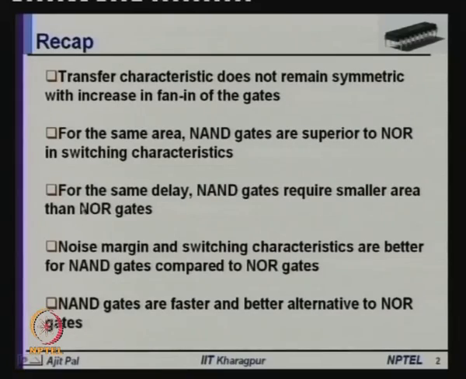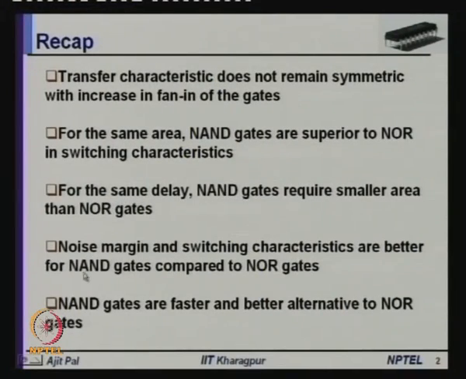Also, for the same delay, NAND gates require smaller area than NOR gates. That means, if area is not a constraint and we want NAND and NOR gates to perform equally in switching characteristics, then with increased area for the NOR gates, we can achieve the same performance for both NAND and NOR gates.